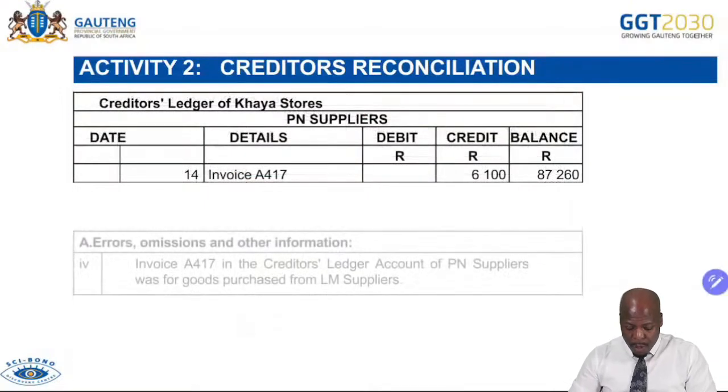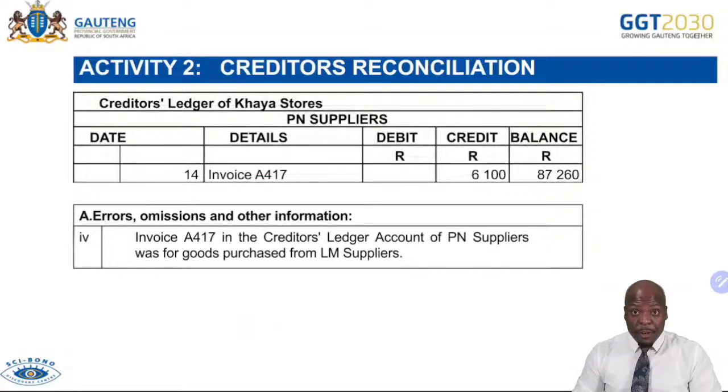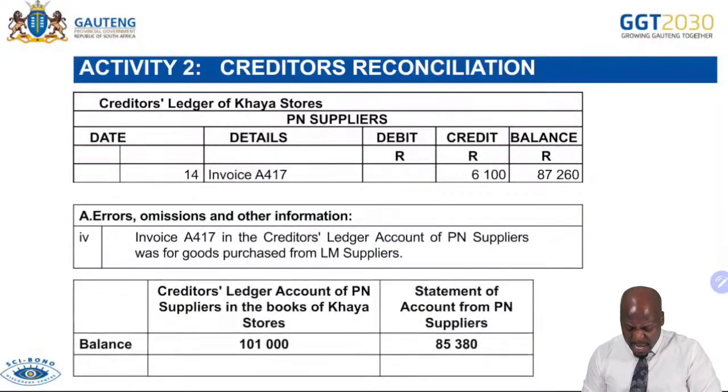The next one is going to be your error number 4, and it reads, invoice A417 in the creditors ledger account of PN Suppliers was for goods purchased from LM Suppliers. So invoice in the creditors ledger, so this is in the ledger done by us.